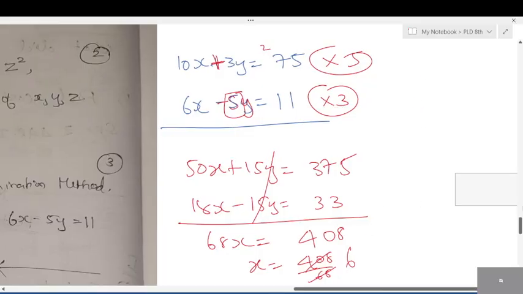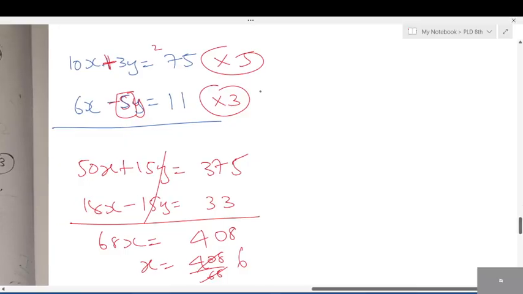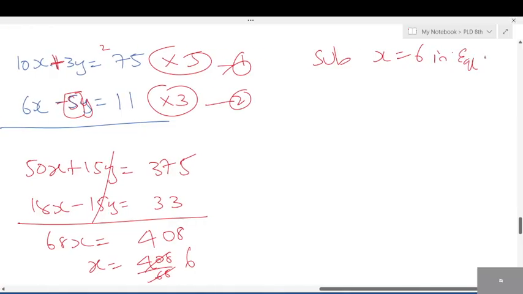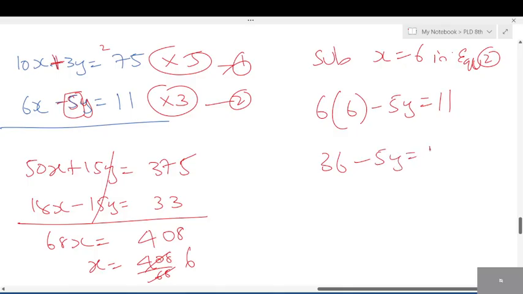Where will you all substitute? First equation or second? You can choose any one, right? Yes, substitute x is equal to 6 in equation 2. So let me take 2. 6 into 6 minus 5y is equal to 11. 6 6s are 36 minus 5y is equal to 11.